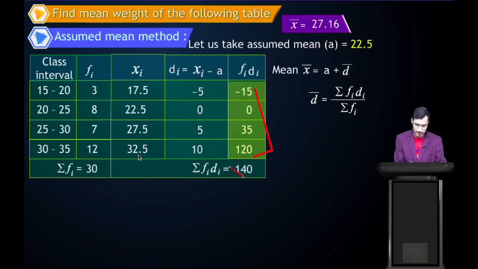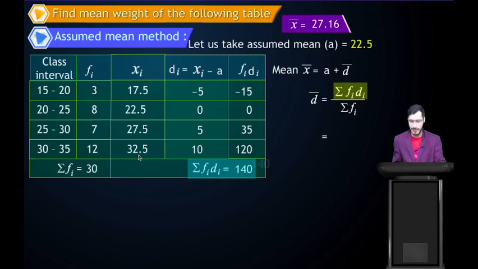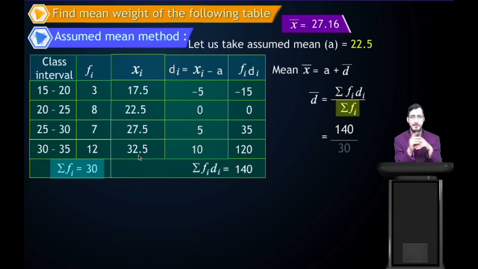Now adding these: 120 plus 35 minus 15, we get 140. Then substitute the value: sigma fi di is 140, divided by sigma f, that is 30. So 140 divided by 30, the deviation, is 4.66.